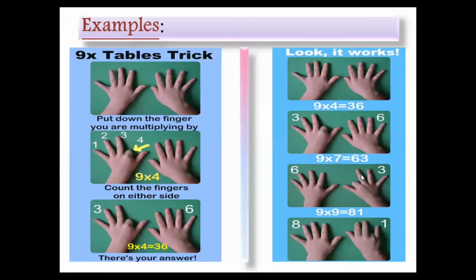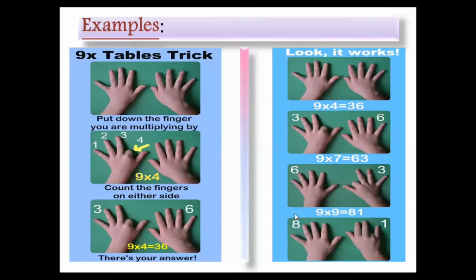How many fingers are there after the 7th finger? We have 1, 2, 3. So we write number 3 in the ones digit. So 9 by 7 equals 63.